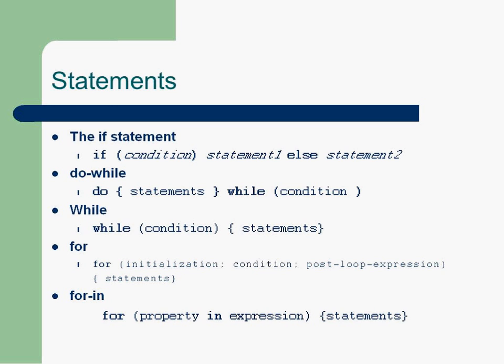So you can say for and in, and it will loop through all the properties in that object. If the object is of an array type, it will loop through that array. In an object type, it will go through all the properties or the keys. A handy kind of loop.